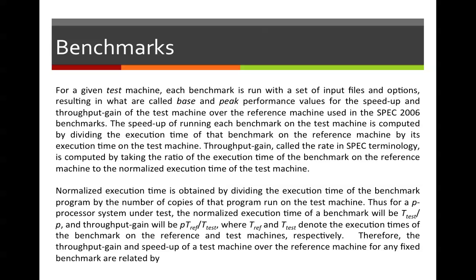And then the throughput gain will be P times T_ref divided by T_test. And so you could see how this comes about. It's really T_ref divided by T_test over P that you effectively compute here. And T_ref and T_test are the execution times of the benchmark on the reference and the test machines, respectively.